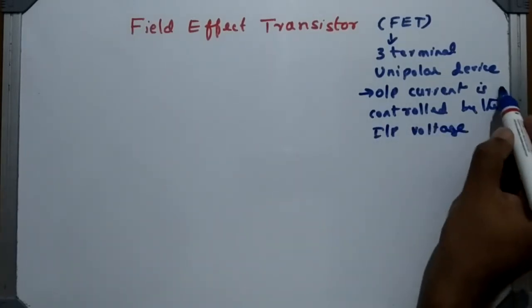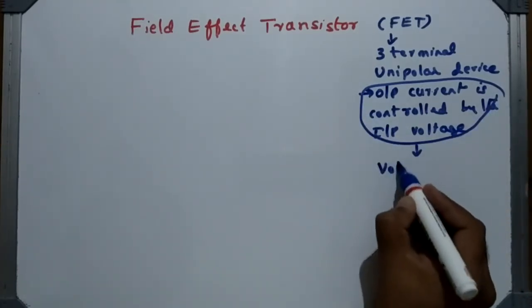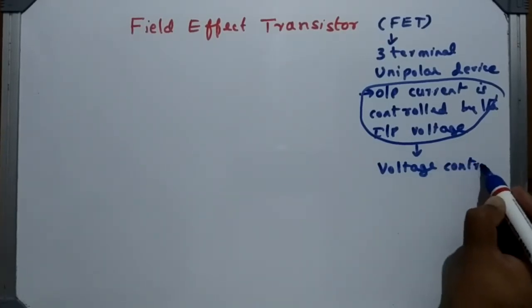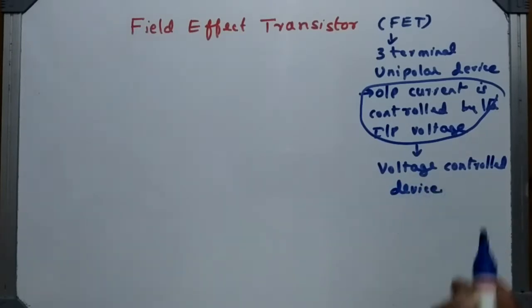So this is the reason why FET is called a voltage control device, because output current is controlled by the input voltage.